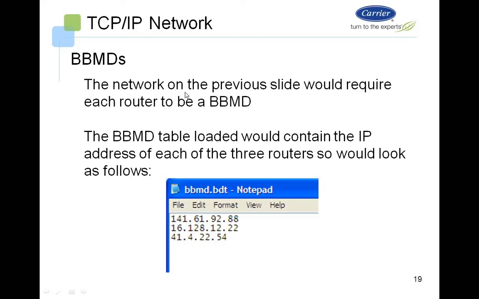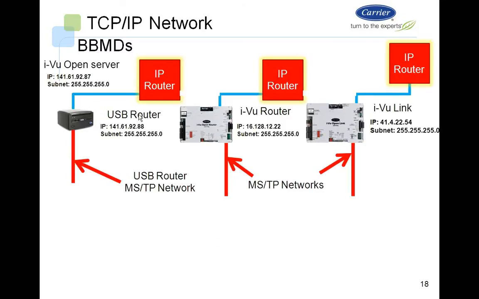So what you would do is you would create a text file loading the IP network IPs. So the file itself would contain each one of those three IP networks, because if we look back here, there's only one open device on each one of these networks. If we had a second link, for example, that maybe had an IP address of 41.422.200, that link would be on the same subnet as this one, because the only digits that changed would be that last octet.